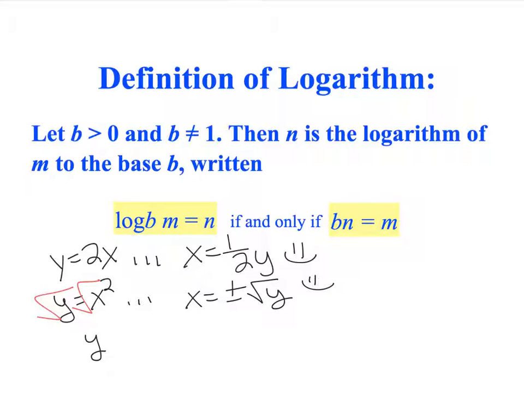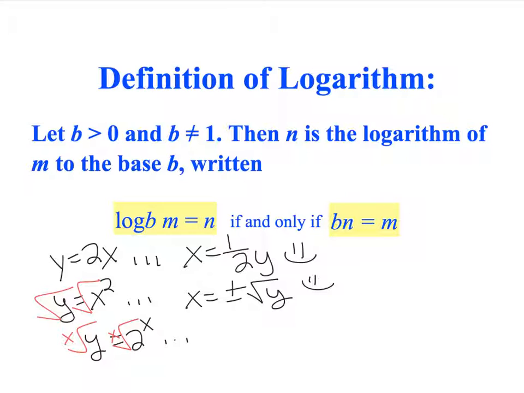If I gave you y equals 2 to the x, so an exponential function like we looked at in 6-2, and I said solve this in terms of x, you probably would have a little trouble. You might think of trying to take the x root of both sides, but that still doesn't get x alone. That's what we need a logarithmic function for.